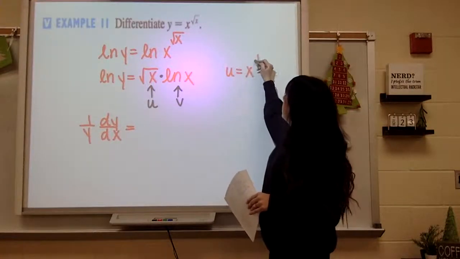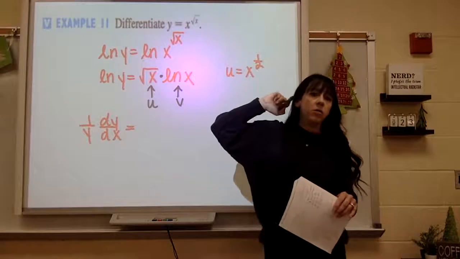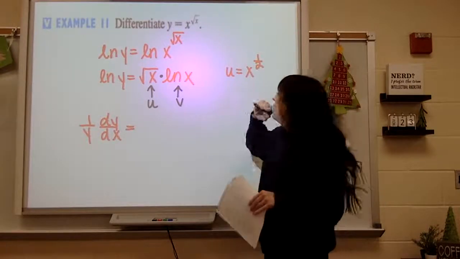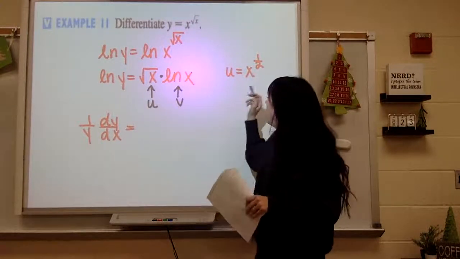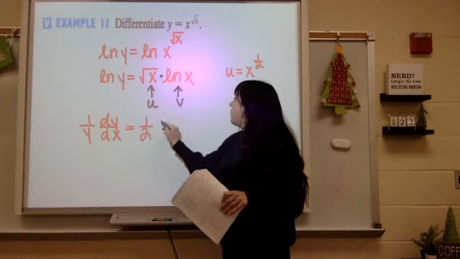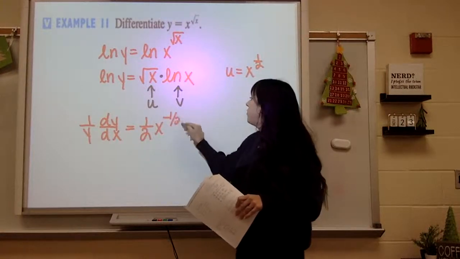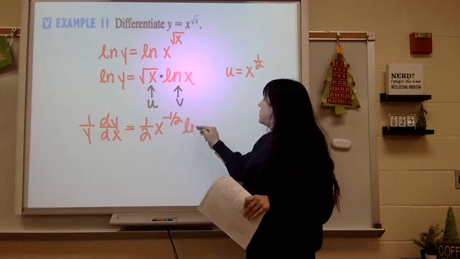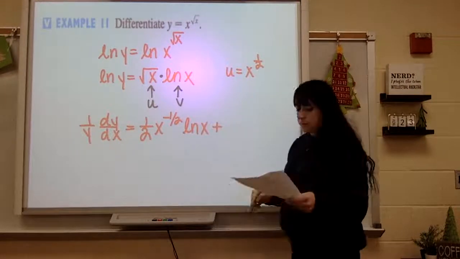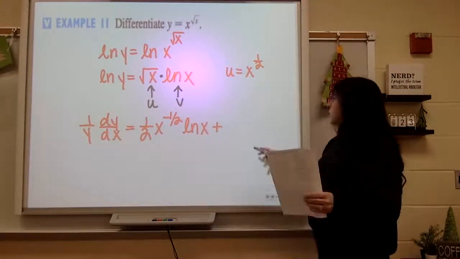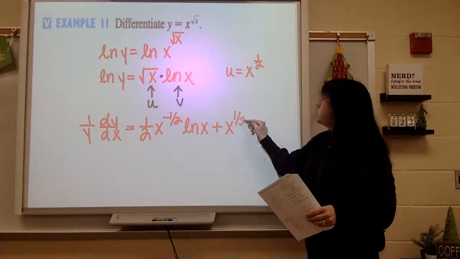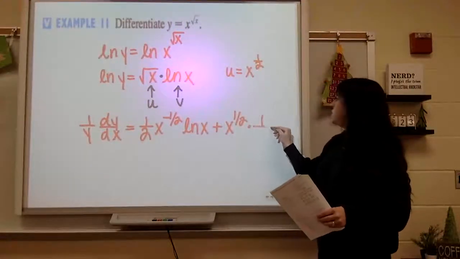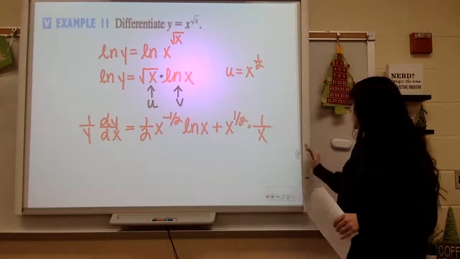So quick reminder, radicals equal that thing to the 1/2 power. So u prime is 1/2 x to the negative 1/2 times v, plus u times v prime, which is 1 over x.